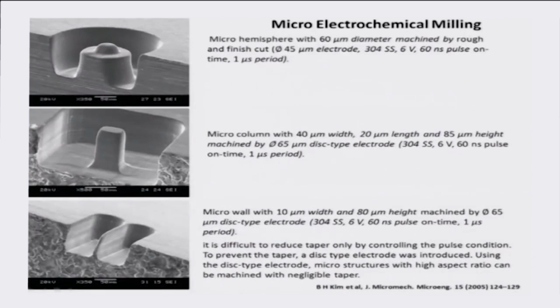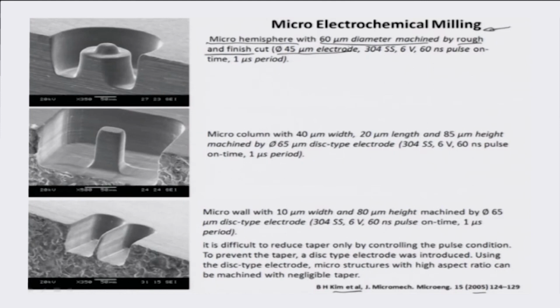You can see this is borrowed from Kim et al.'s work published in 2005, where he talks about the fabrication of a micro hemisphere with about 60 micrometer diameter machined by rough as well as finish cuts. The electrode used here is about 45 micron diameter.